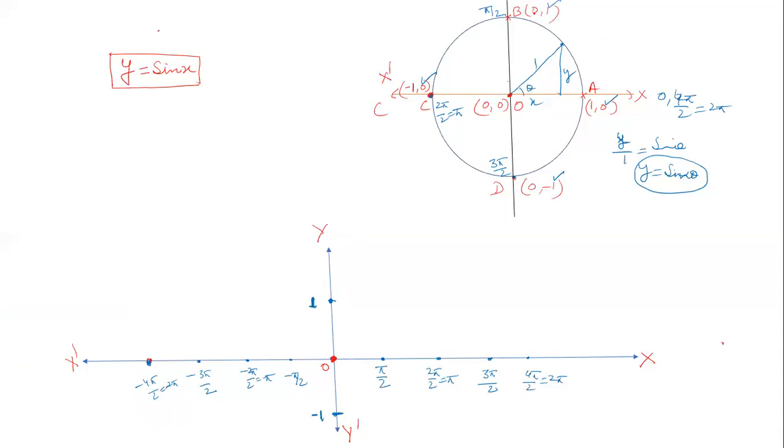When x is pi by 2, y is 1. When x is pi, y is 0.